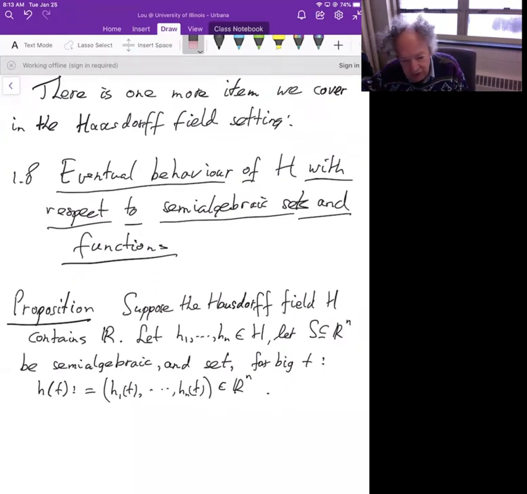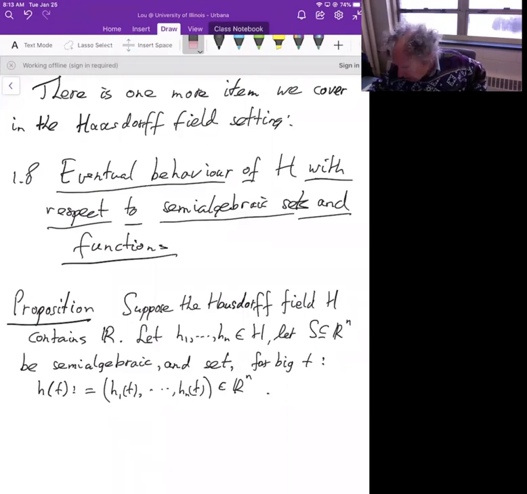But it's important here that the Hausdorff field that we consider contains all the real numbers, right? So let n germs be given, h1 up to hn, and let also a semi-algebraic set S in R^n be given. And then for big t, you can set h(t) equal to (h1(t), ..., hn(t)), which is a point in R^n.